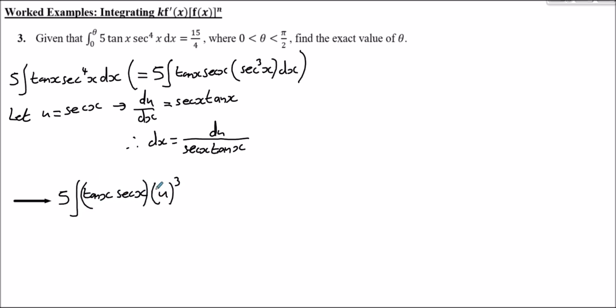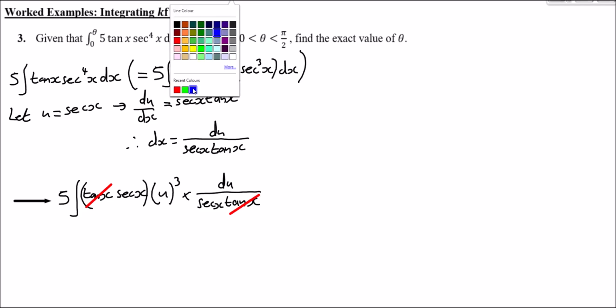Brackets are sort of optional here, just to make it clearer perhaps. And then dx I can now replace with du all over sec tan. So tan cancels with tan, sec will cancel with sec.